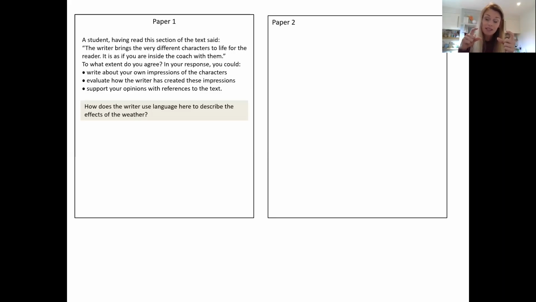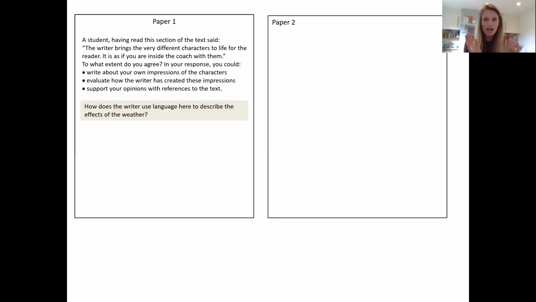And then from that little extract, pick out your quotes, pick out your techniques, and really zoom in and focus on the language. Now, if you don't know what I mean by zoom in, you want to have a look at one of my videos or let me know so that I can go through with you how to hit those 7+, because this is the most important thing, and everyone's able to hit 7+.